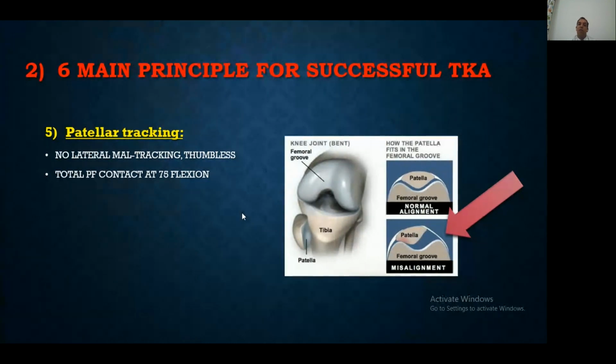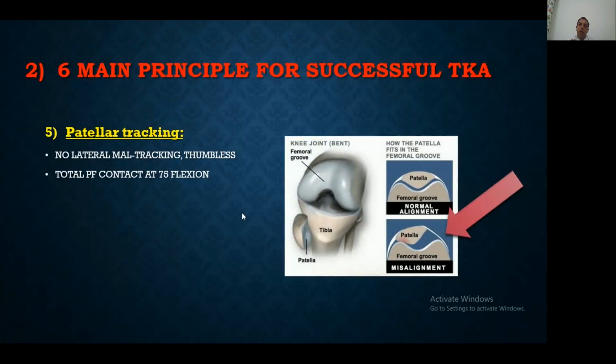This is a very big problem, and we can have a very successful operation, but later on the patient suffers of pain anteriorly because the patella is not centralized in its track. So the patella must be tracked, and it's called no thumb. It means you don't have to support the patella to be in its track. So you have to check that intraoperatively, and also if there is any maltracking, you have to fix that.